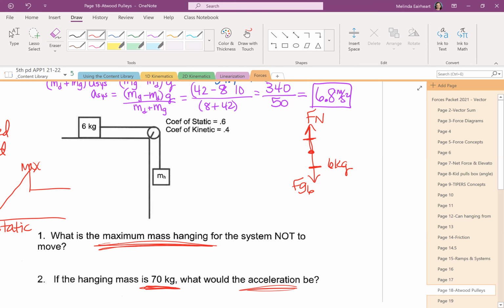What other forces are acting on the 6? We've got tension. What direction is this string trying to pull? Or it is pulling, but it's trying to pull. It's to the right, okay? And so I'm going to draw FT to the right, not necessarily equal to the vertical forces.